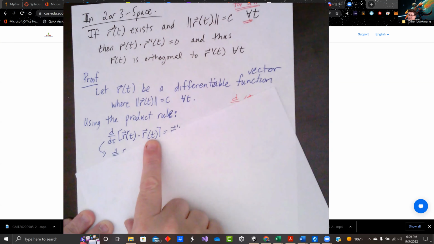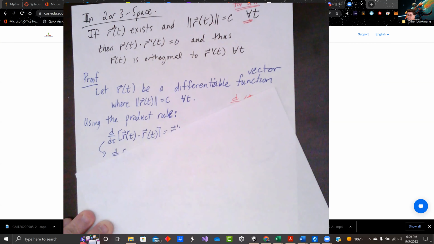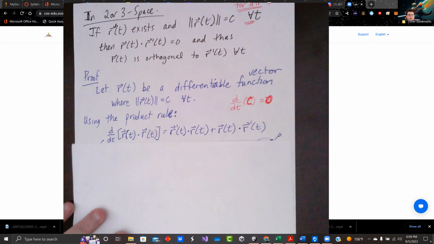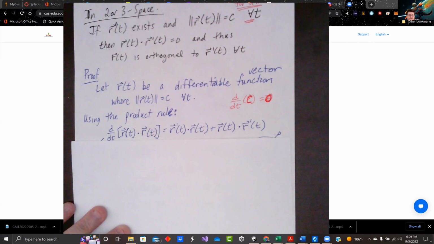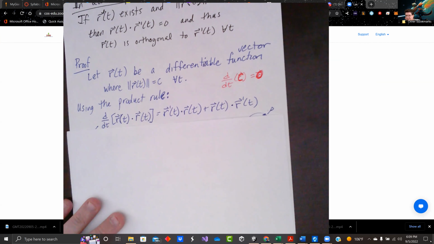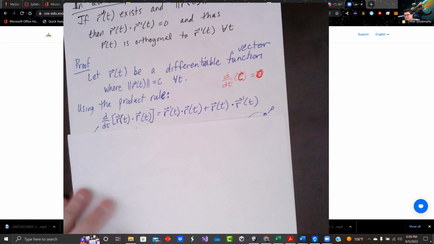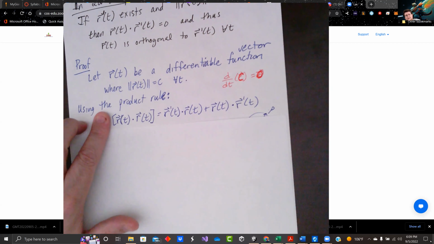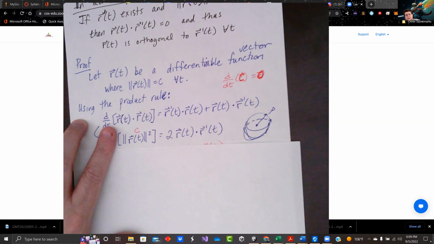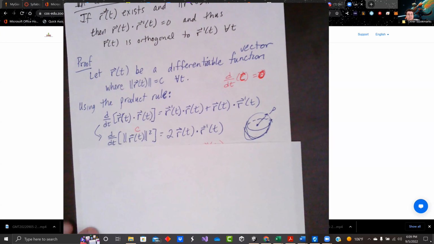R of t dot r of t, we take the derivative. Remember to do the product rule. We get r prime of t dotted with r of t plus r of t dotted with r prime of t. The left side, though, without the time derivative part, that's how we write the magnitude, r of t squared.